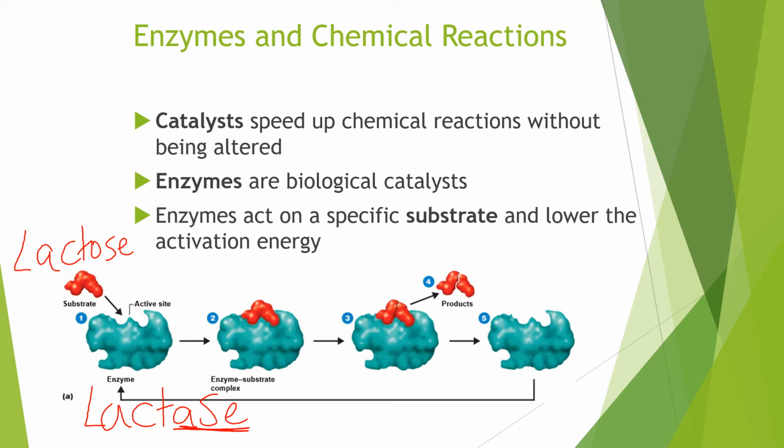So the process of breaking down lactose is nearly impossible because it would take forever without that enzyme. Remember, enzymes speed up reactions. And so if the reaction is extremely slow, it's not even going to take place. And so what happens is the lactose starts to accumulate because it's not being broken down, and it causes so many problems like bloating, diarrhea, gas, etc.